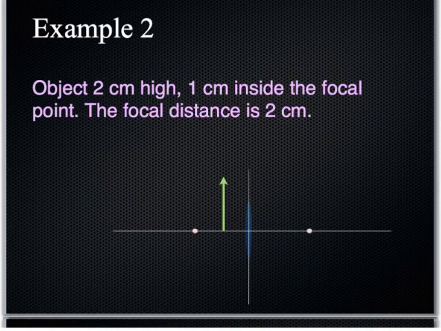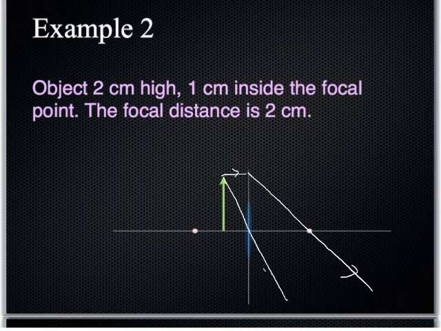Okay, so this one here, let's do a ray going straight across, then it goes through the focal point. We could do one that goes through the intersection, and we could do one that appears to go through from that one, and then they'll go straight. So we've got 3 there. Where do they overlap?